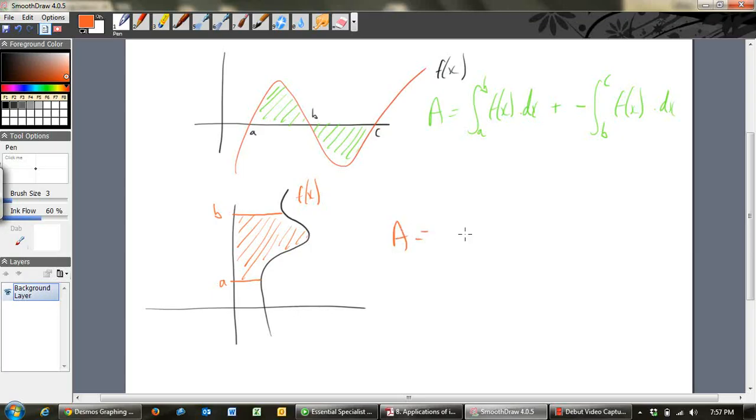The area in this case is exactly the same. We've got from A to B on the y-axis, and in this case it'll be the function in terms of y, dy. In other words, up here you had y is a function of x, and that's what f of x is. In this case you have x as a function of y. In other words, find the inverse of f of x and use that as your integral between A and B.